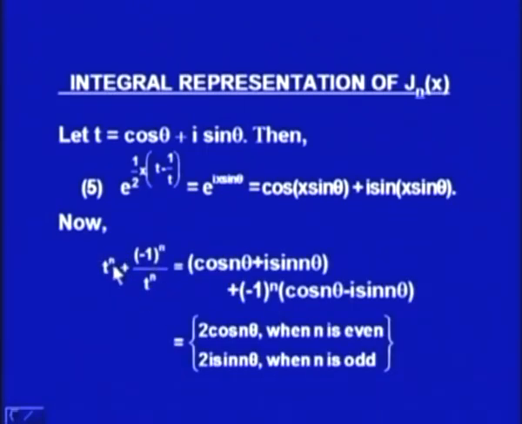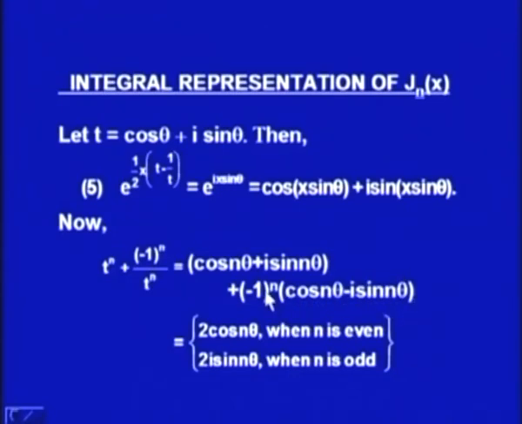Now, t to the power n plus (minus 1) to the power n over t to the power n: t to the power n, by De Moivre's theorem, will be (cos theta plus i sin theta) to the power n. So, n is an integer, therefore, t to the power n will be cos n theta plus i sin n theta, then (minus 1) to the power n, 1 over t to the power n will be t to the power minus n. So, (cos theta plus i sin theta) to the power minus n will be cos n theta minus i sin n theta.